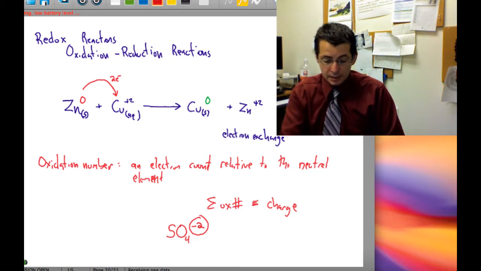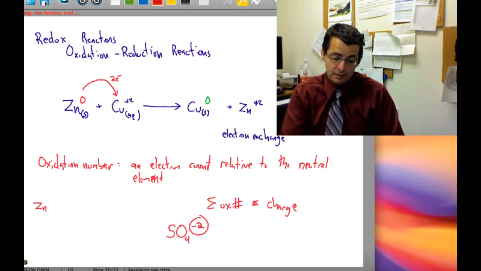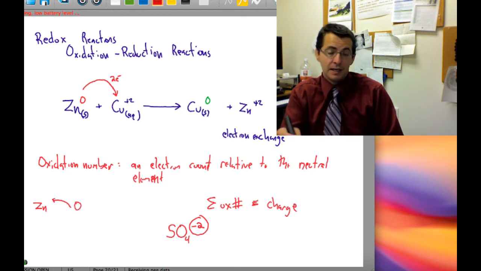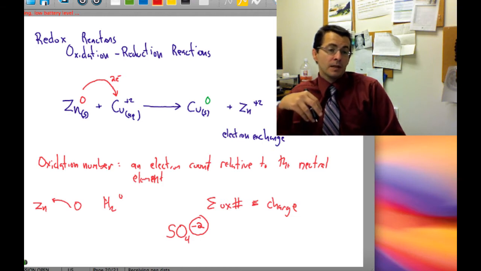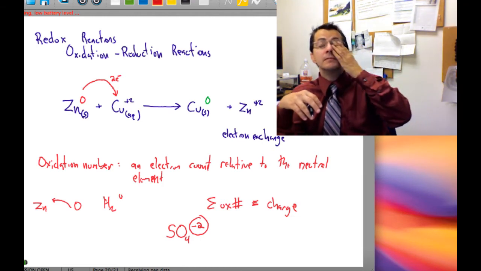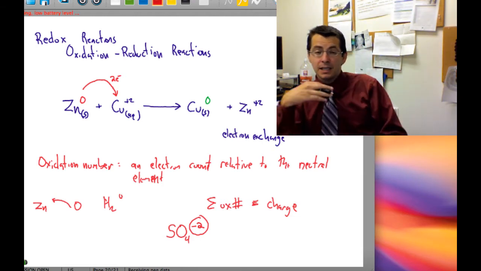So an element in its native state, like zinc, would have an oxidation number of 0, sort of defined. Hydrogen would be 0. Each hydrogen would have a baseline of 0.